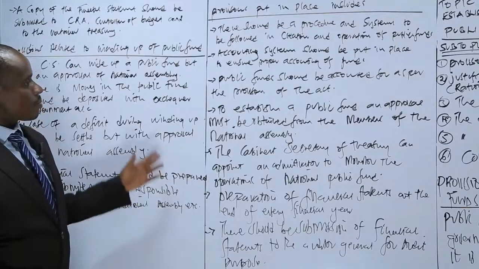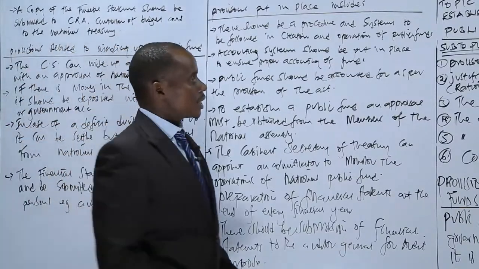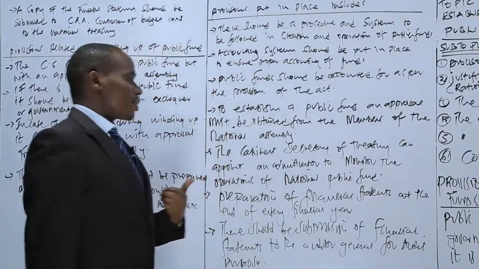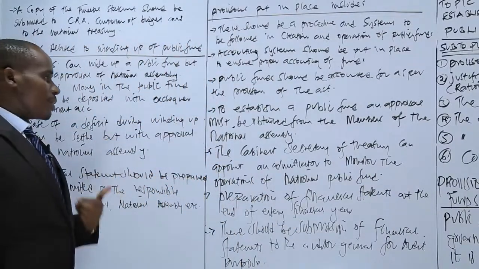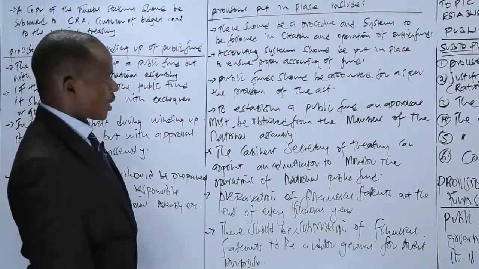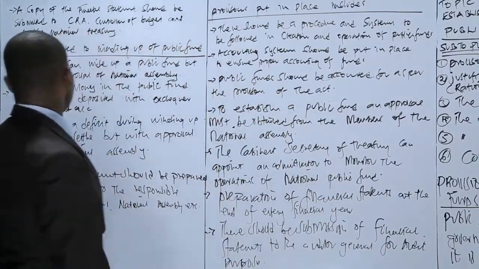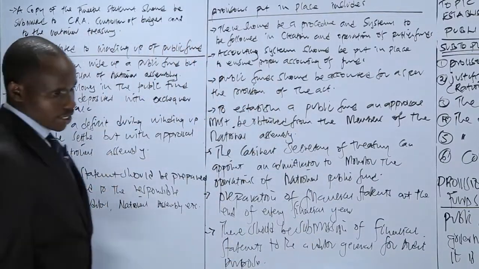So those are some of the provisions that we have relating to establishment of public funds in the public sector, relating to formation, relating to operations, and relating to winding up.